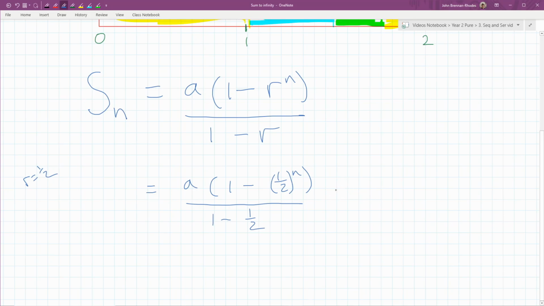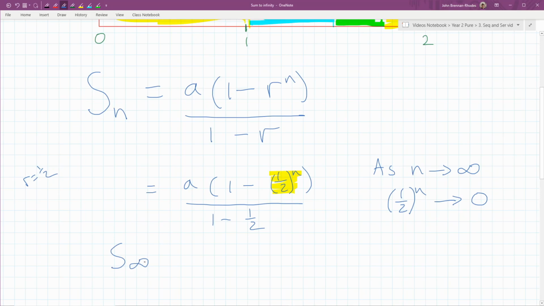Well, if you look at this term here, and I think this is the important term, as n gets bigger and bigger and bigger and tends to infinity, a half to the power of n, well, you get a half times a half times a half times a half times a half. This actually approaches 0.